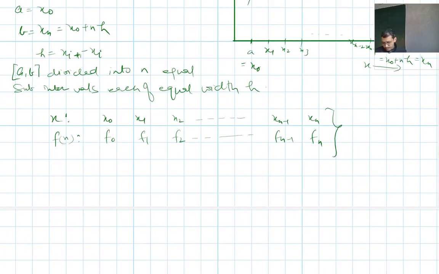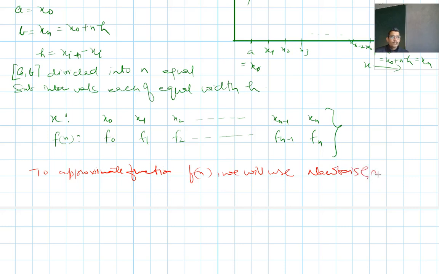So now to approximate the function f of x, we will use Newton's Gregory formula, that is the forward difference formula.